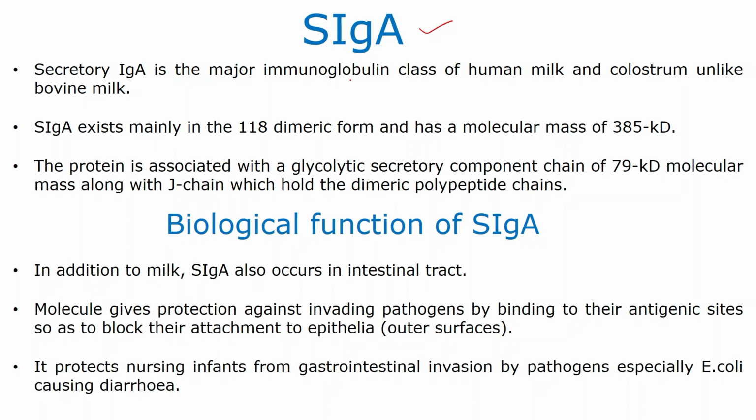In colostrum, unlike the bovine milk, IgA exists mainly in dimeric form and has a molecular mass of 385 kilodalton.